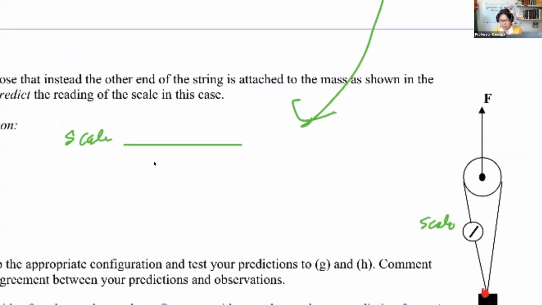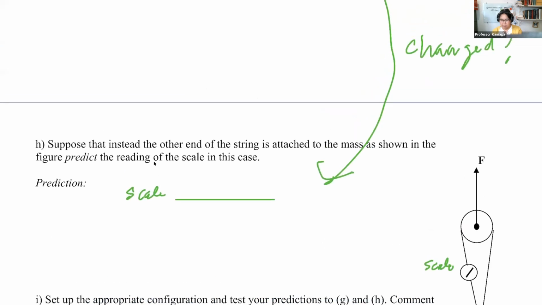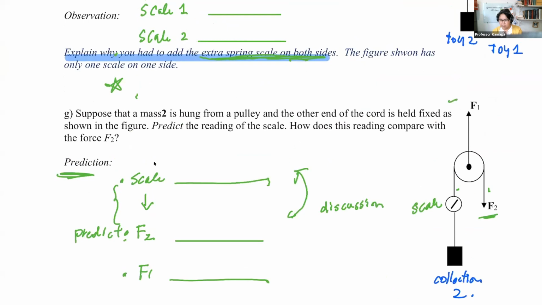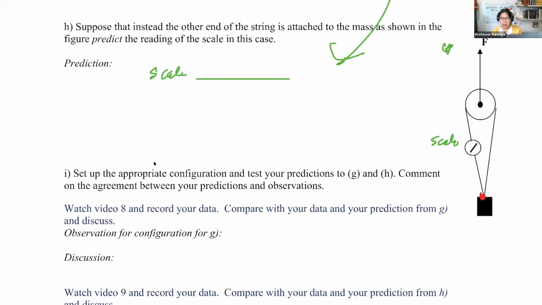Both of them, you're going to make a prediction. Then you're going to set up these two configurations, configuration G and configuration H. And you don't get to do it, so you're going to watch the video.